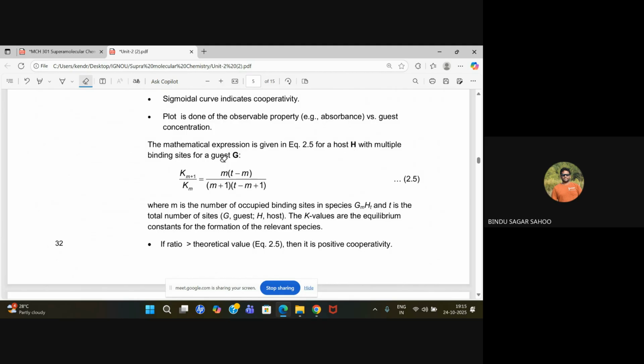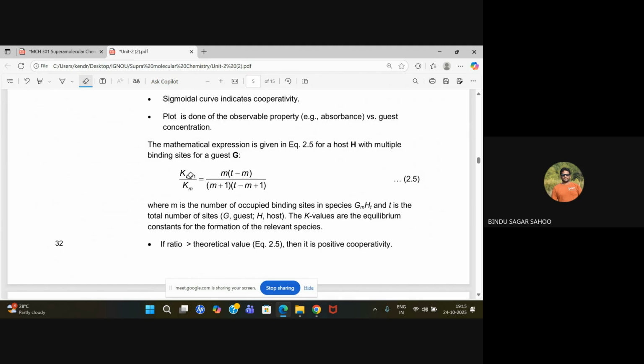That means H is the host molecule. H provides T sites to be occupied by the guest molecule, but the guest molecule only interacts with M sites. M means the active sites that are occupied by the guest molecules, and T is the maximum number of active sites available on the host molecule.